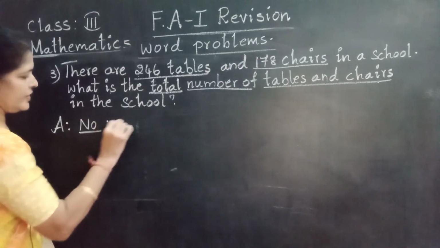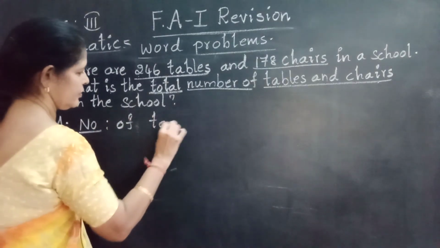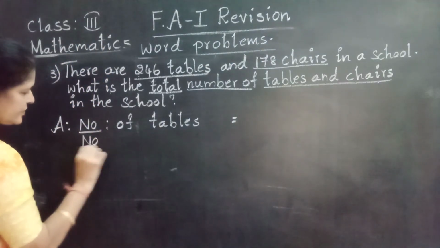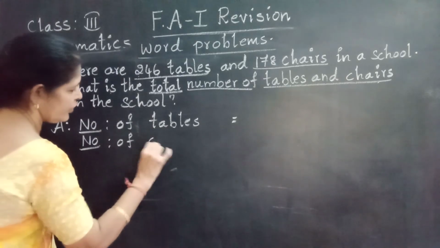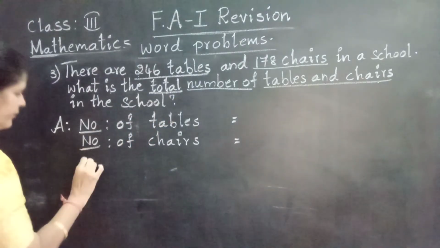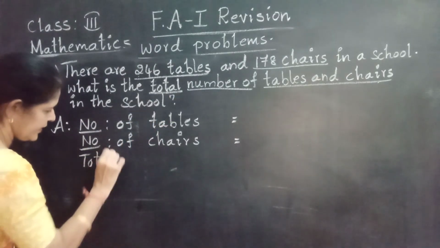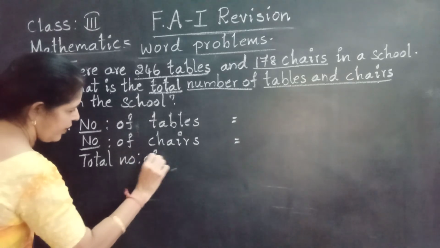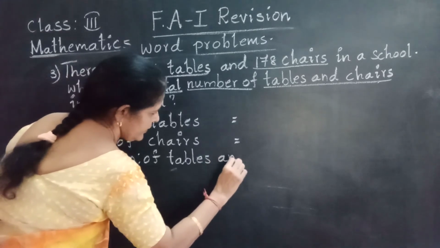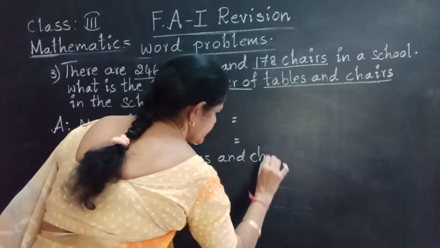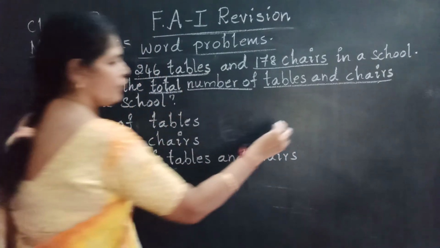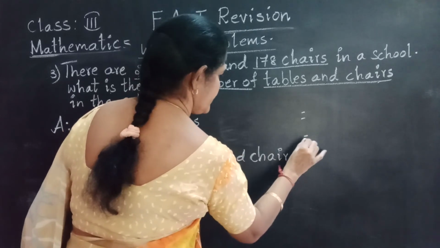Write the answer. Number of tables. Next, number of chairs. We are using words here. Total, addition word, the result of addition. Total number of tables and chairs. Now put the numbers one below the other straight.